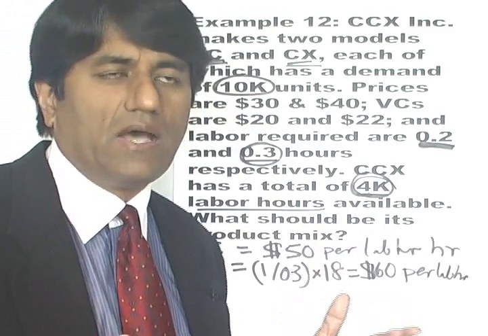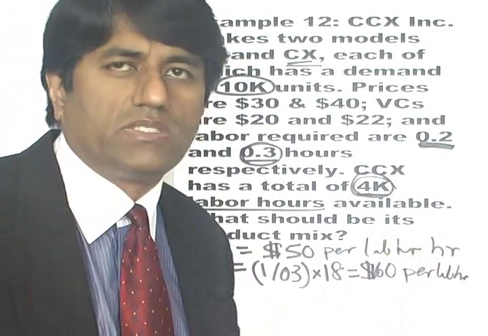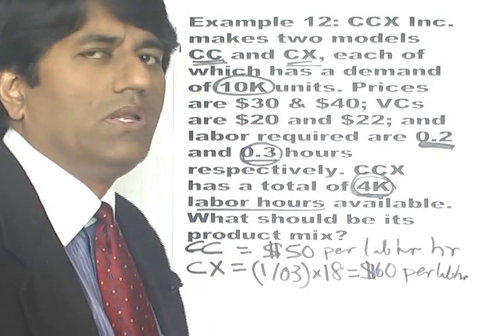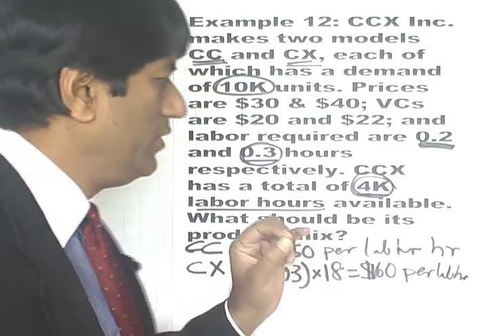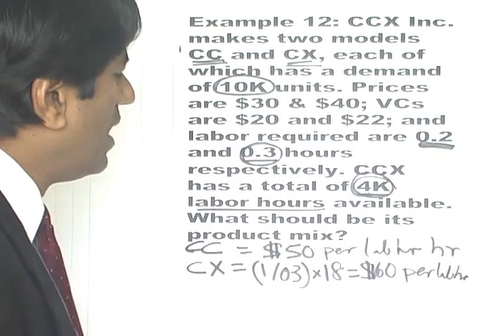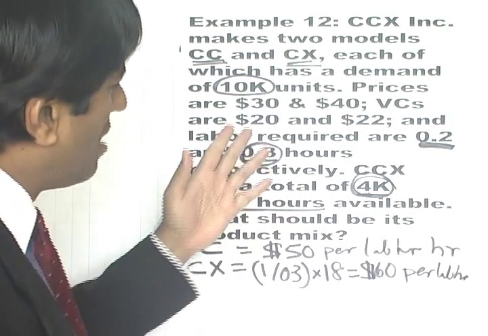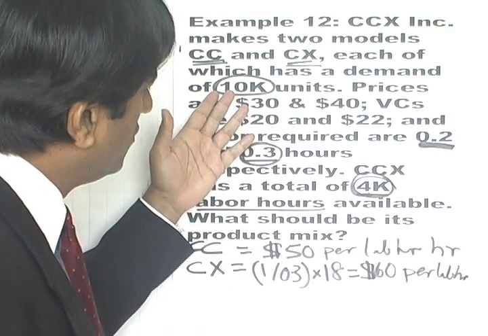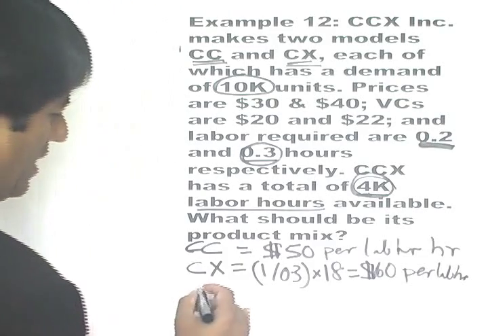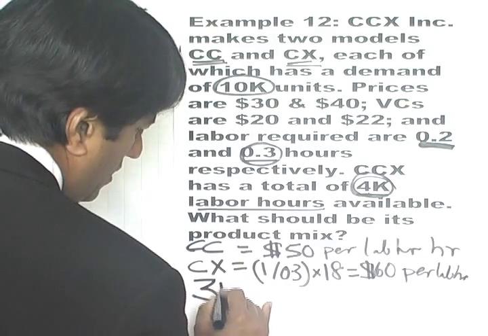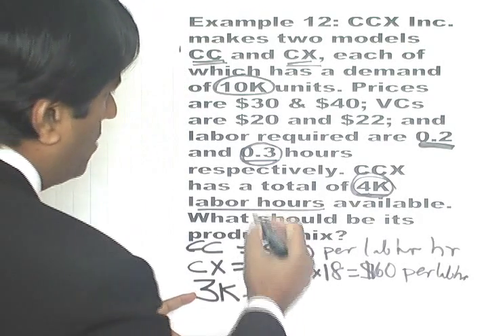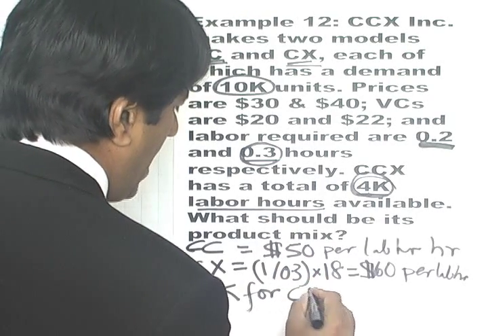So you can only sell 10,000. So you're not going to produce 13,000 when you can only sell 10,000. So you will only use enough labor to produce 10,000 units. And the amount of labor that you need to produce 10,000 units will be 10,000 multiplied by 0.3, or 3K. So 3K labor hours for producing CX.